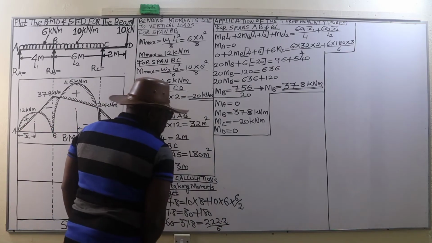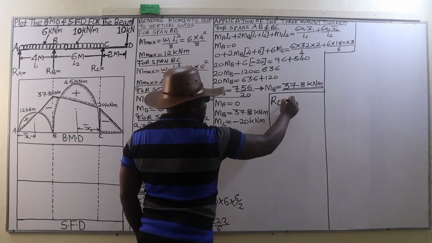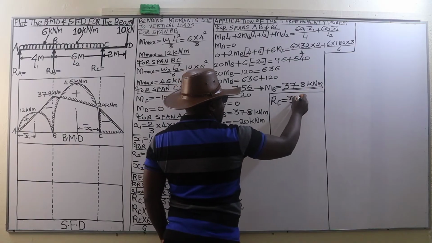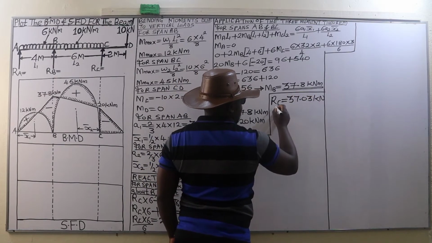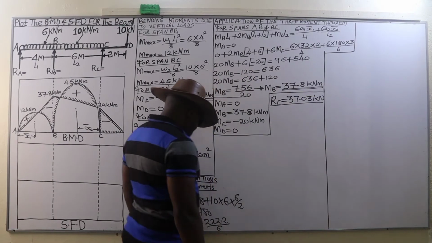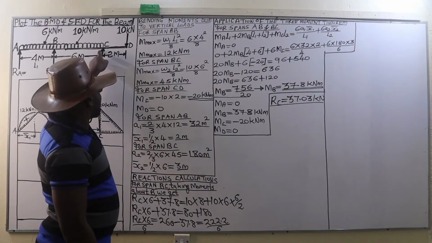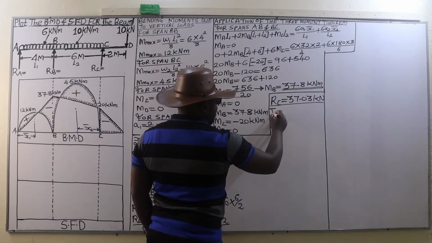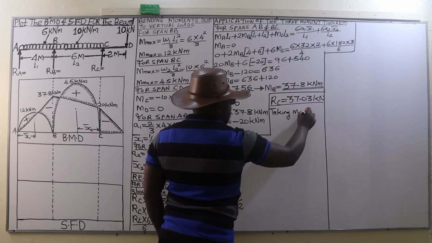And when we do so, we are going to have the reaction at C being equal to 37.03 kilonewtons. So that is the reaction at the support C.